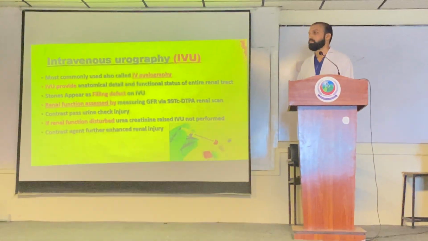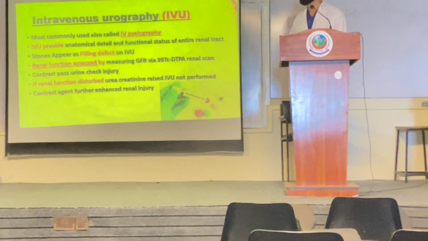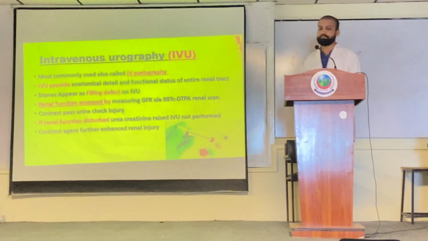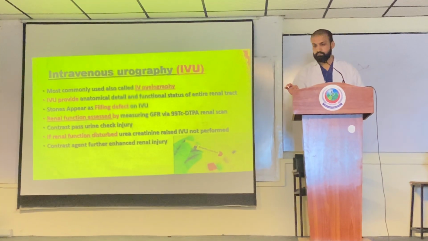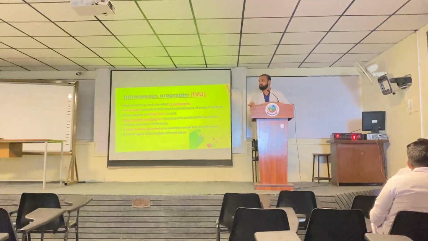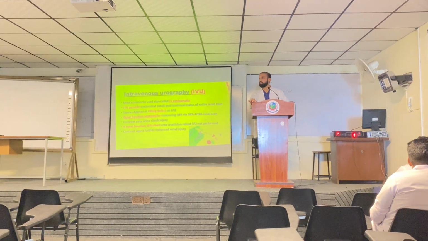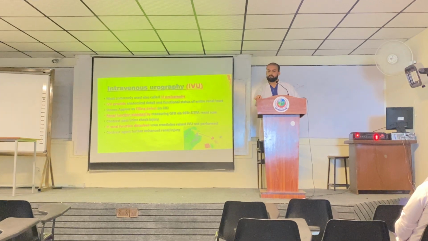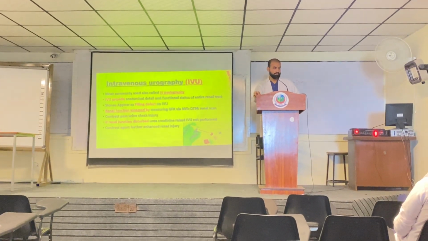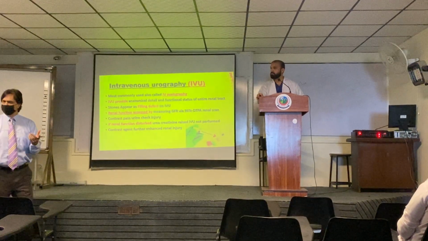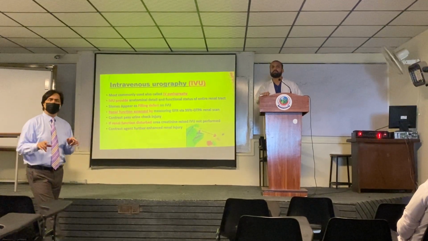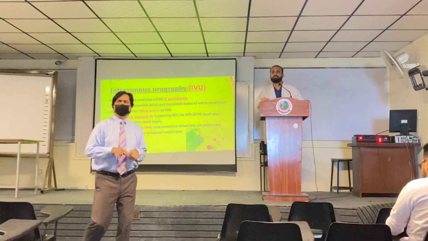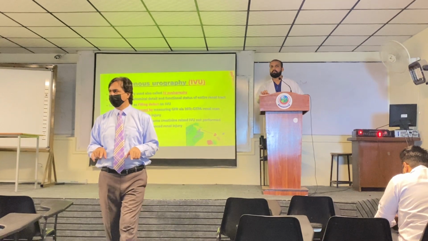This scan is reserved for the percentile function of the kidney. Normally 50% this kidney is working, 50% this kidney, 100% in total. And if one kidney is diseased, or both are diseased, both have kidney stones, you want to know which kidney is functioning better. Obviously, you need to know it in percentage. And this percentile difference will dictate your future plan of action.